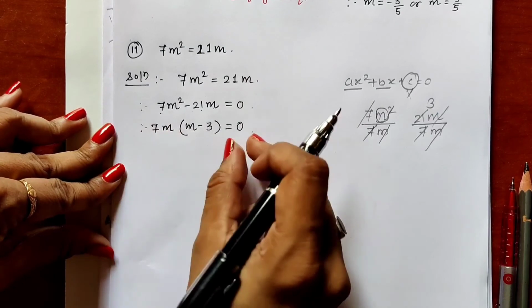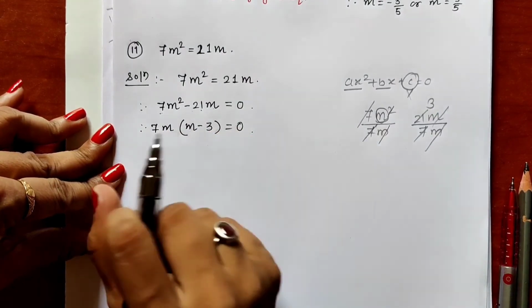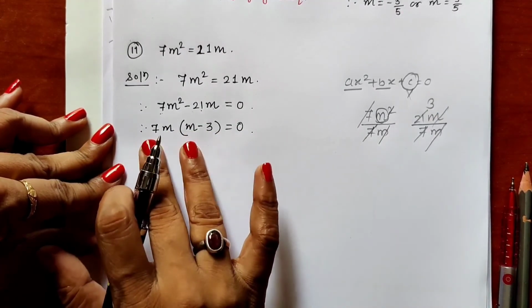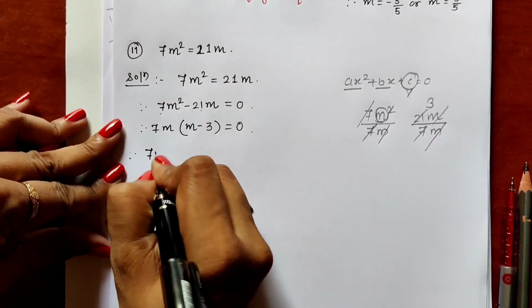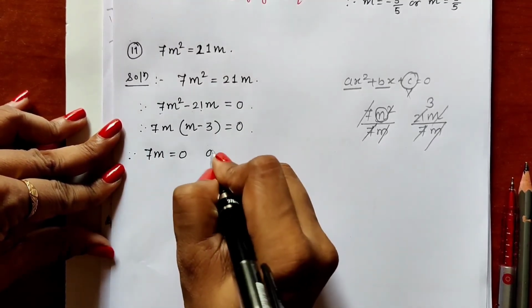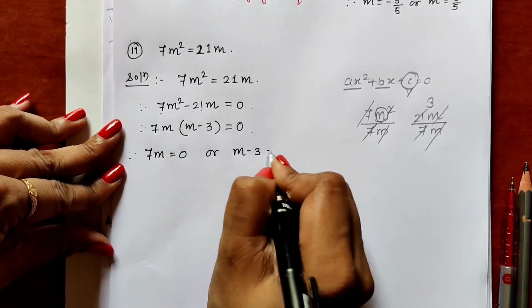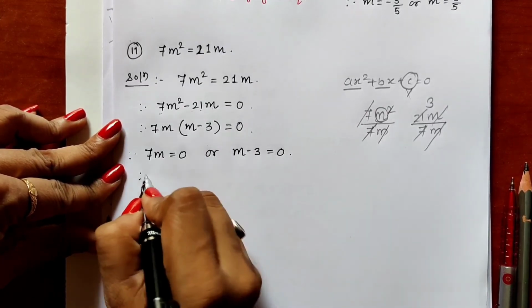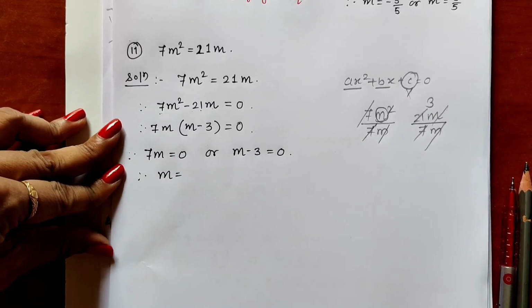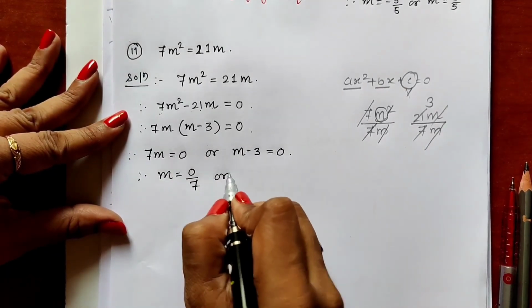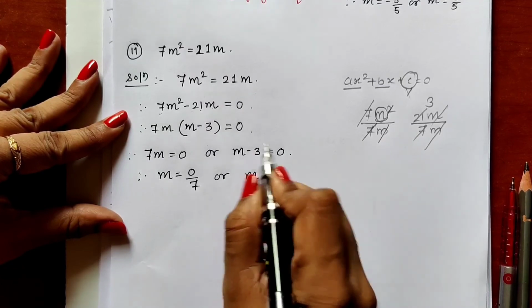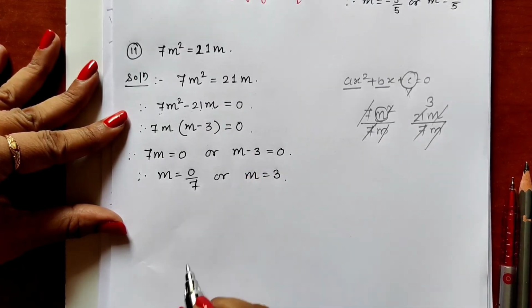Either this expression will be equal to 0 or this bracket will be equal to 0, because the multiplication of these two is equal to 0. That means 7m may be equal to 0 or m minus 3 will be equal to 0, and therefore m can be equal to 0 upon 7 or m can be equal to minus 3, transfer it becomes plus 3.